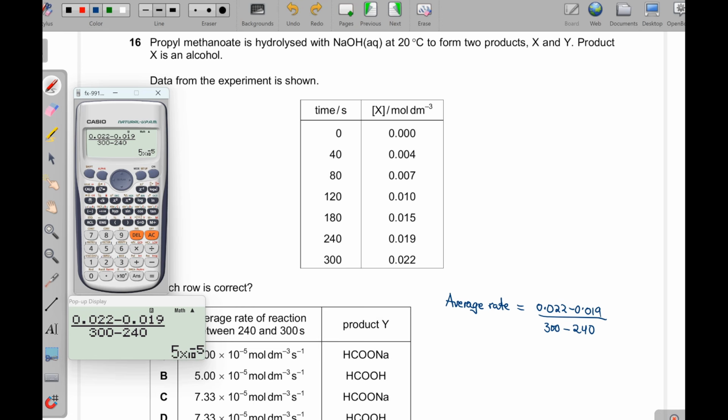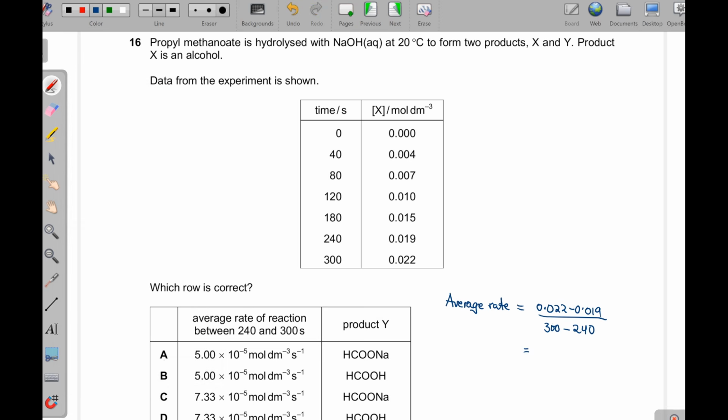This one will give you 5 times 10 to the power of negative 5. This will be moles per liter, okay? Because that is the concentration of X, but then we are dividing by time, which time is given in seconds. So it will be per second. You see that? And when I look through the answers here, I can see it here and here. That means these two have to be off, okay?